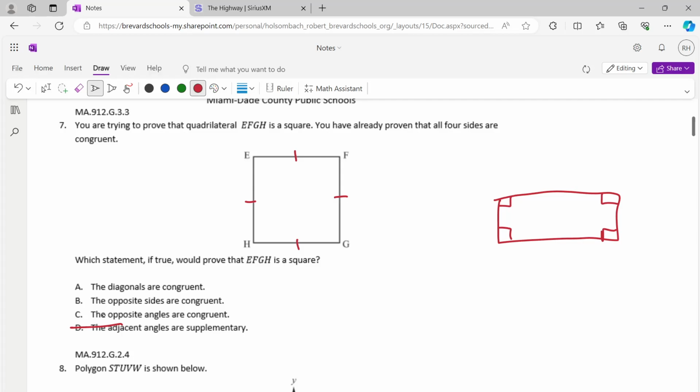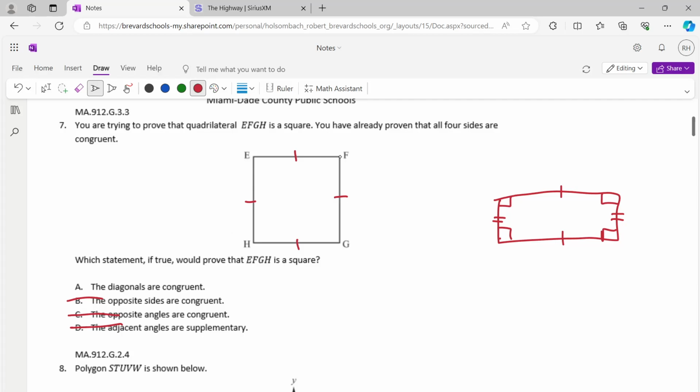Answer choice C says the opposite angles are congruent. Well, opposite angles of a rectangle are also congruent, so that doesn't prove that we've got a square. Opposite sides are congruent. Opposite sides of a rectangle are congruent, so that doesn't prove this is a square. But the diagonals are congruent.